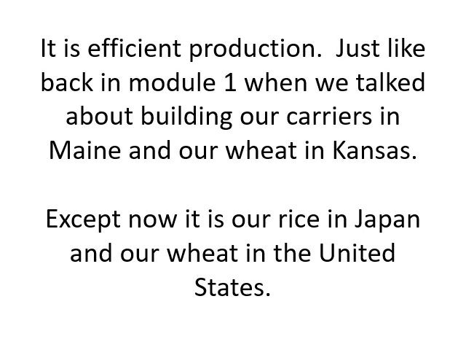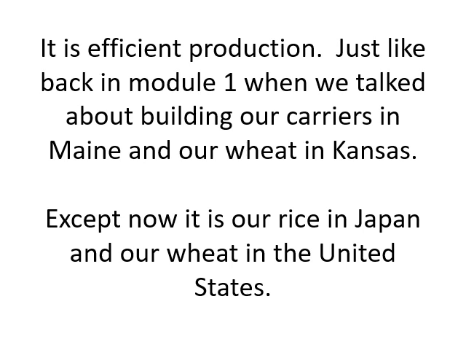And inefficient production was to build our carriers in Kansas by farmers and grow our wheat in Maine by shipbuilders. And I don't expect you to remember the technical definition of efficient and inefficient, or to be able to place them correctly on the graph. That was long ago. But the general idea is that with efficient production, you get more of both things made.